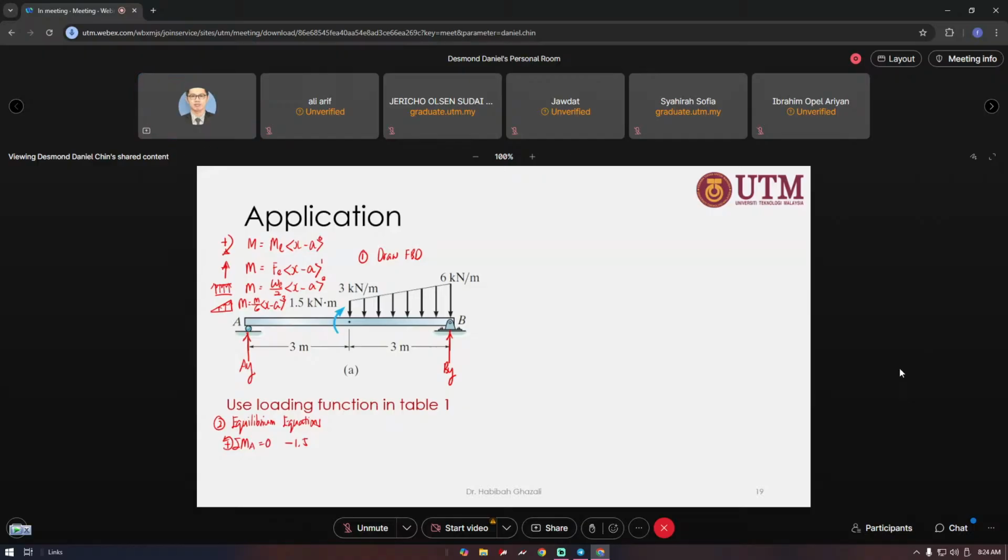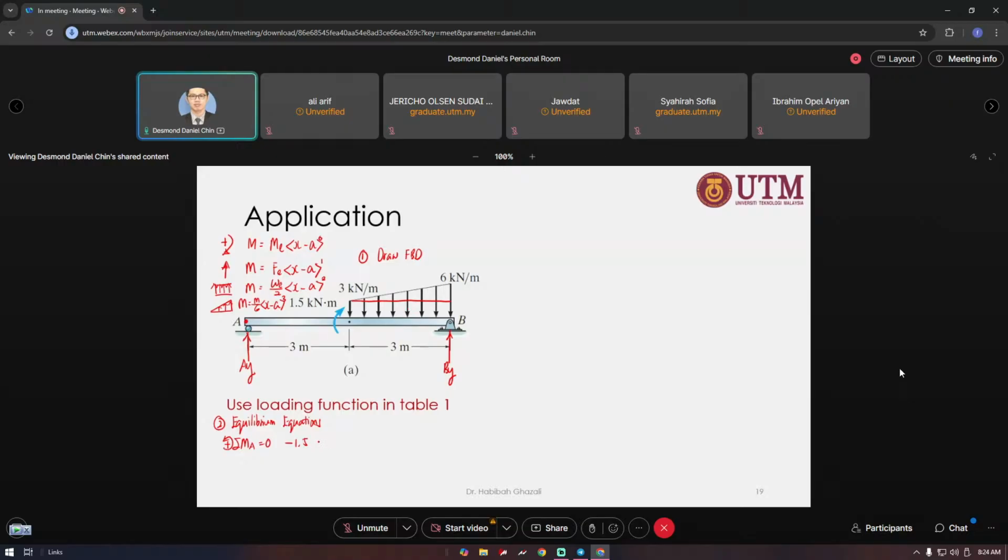Next, I will have this distributed loading. To ease my calculation, I will divide it into two: one for the triangular part, one for the rectangular part. For the rectangular part, if you have a rectangular distributed loading pointing downward, and you treat point A as a fixed point, then this distributed loading will cause a clockwise motion.